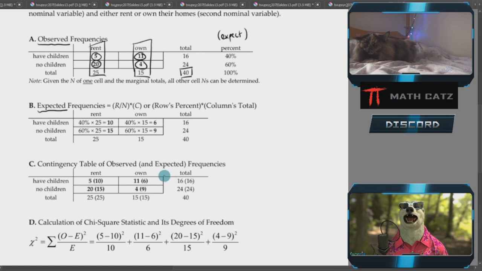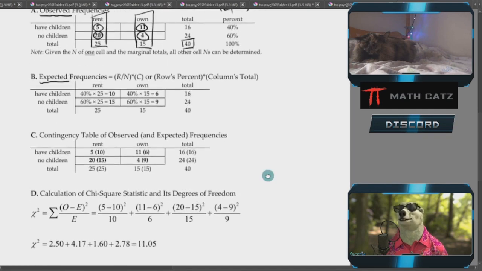So we use the totals to get the expected numbers for each cell, and then the chi-square statistic is exactly the same. In this case, we have 4 of them.